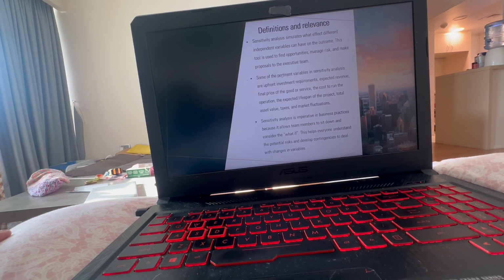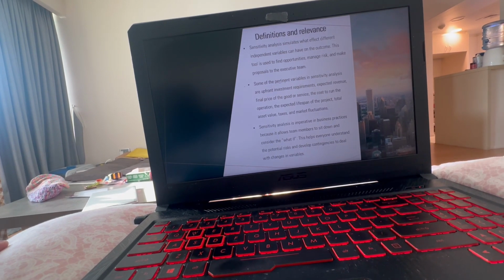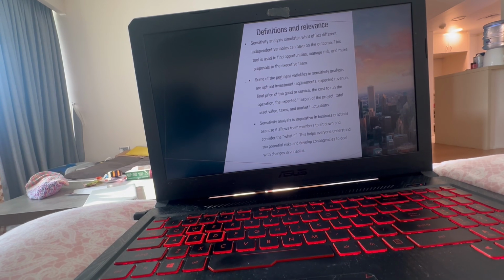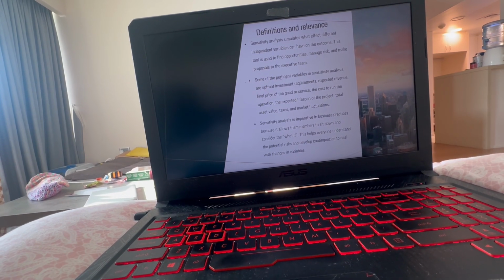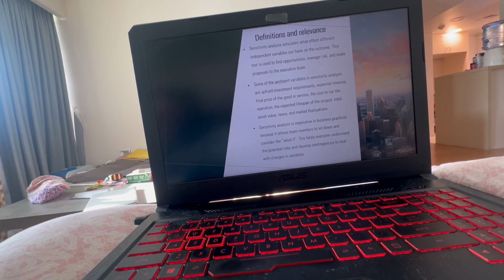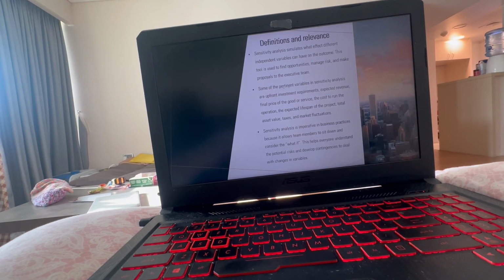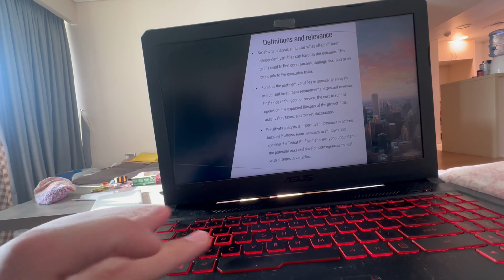It's going to make us ask, what is the most important variable, and what happens if sales drop or the costs go up, and allows the team to put their heads together and really develop a better idea for their strategy.